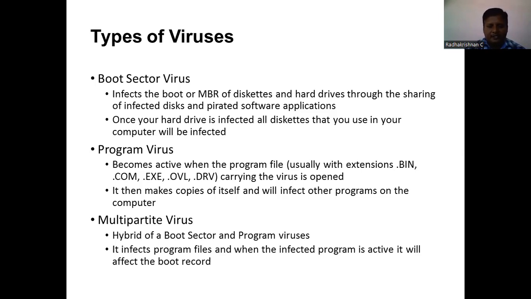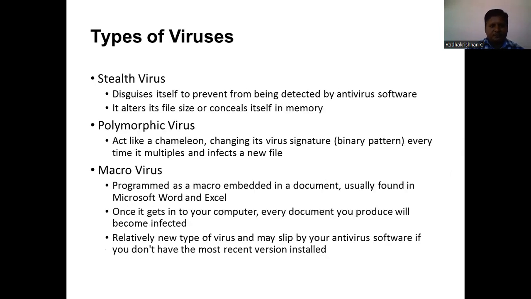And a multipartite virus is a hybrid of a boot sector virus and a program virus. It is a combination of boot sector and program virus. It affects the program files, and when the infected program is active, it will affect the boot record. Next, a stealth virus disguises itself to prevent being detected by antivirus software.